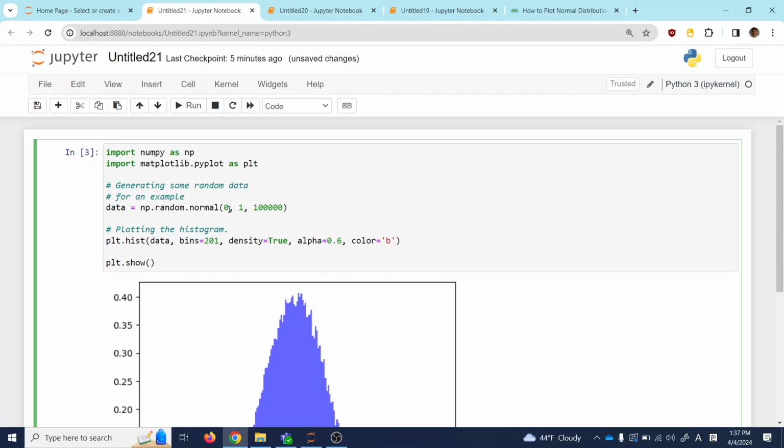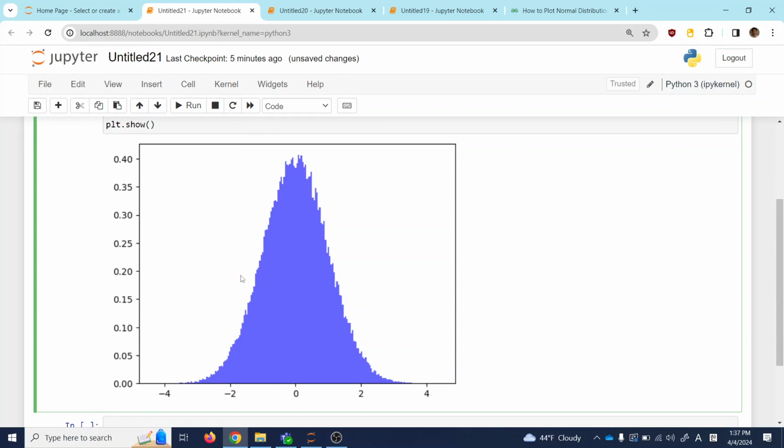Since average is 0 and standard deviation is 1, what we have is a standard normal distribution. And I'm generating 100,000 numbers from that. And from those numbers, I'm using the matplotlib library to plot the histogram of this randomly generated data. And as you can see, you get this nice looking bell curve.